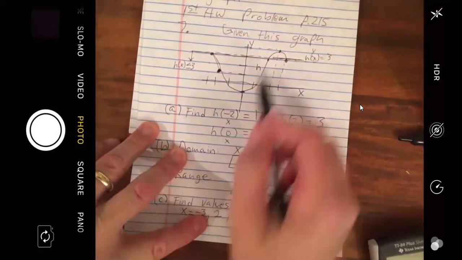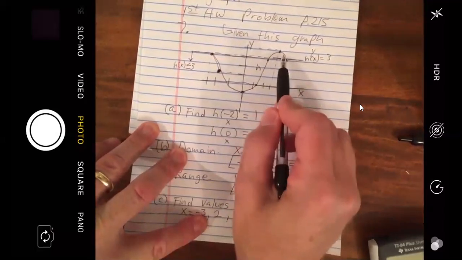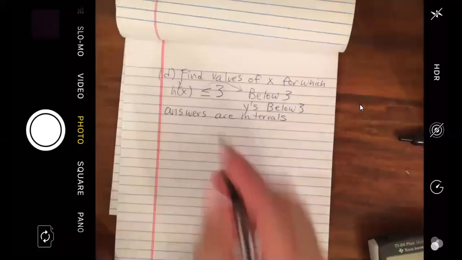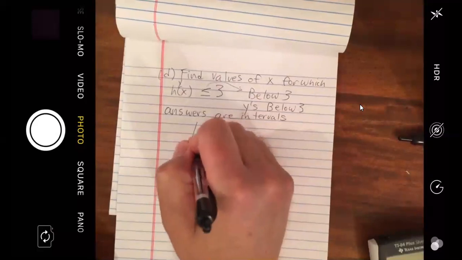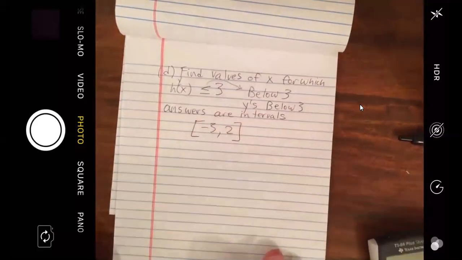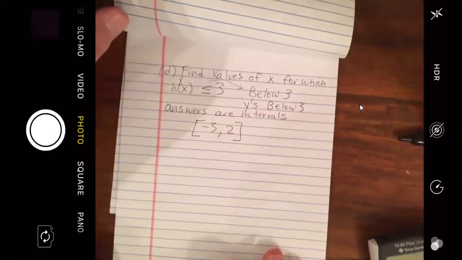But you see, between 2 and 4, I go, but greater than 3. That won't be in. So my actual answers are between -3 and +2, bracket. Not between 2 and 4.